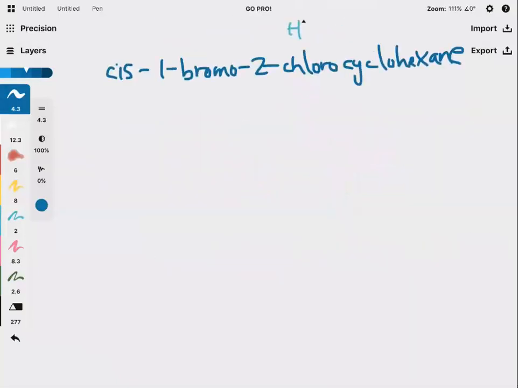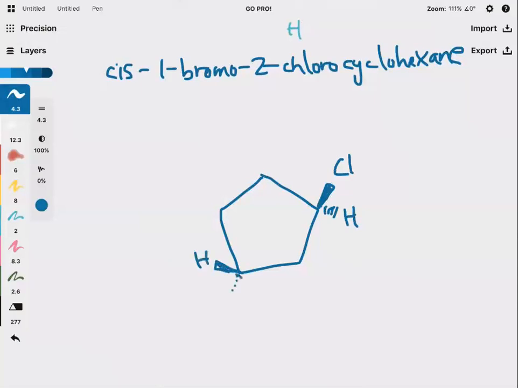What if I had that, and I did that? So the wedges, the solid block wedge, are coming up above the plane of that ring, of that cyclopentane. And the dashes are going away, or going below the plane of the ring.